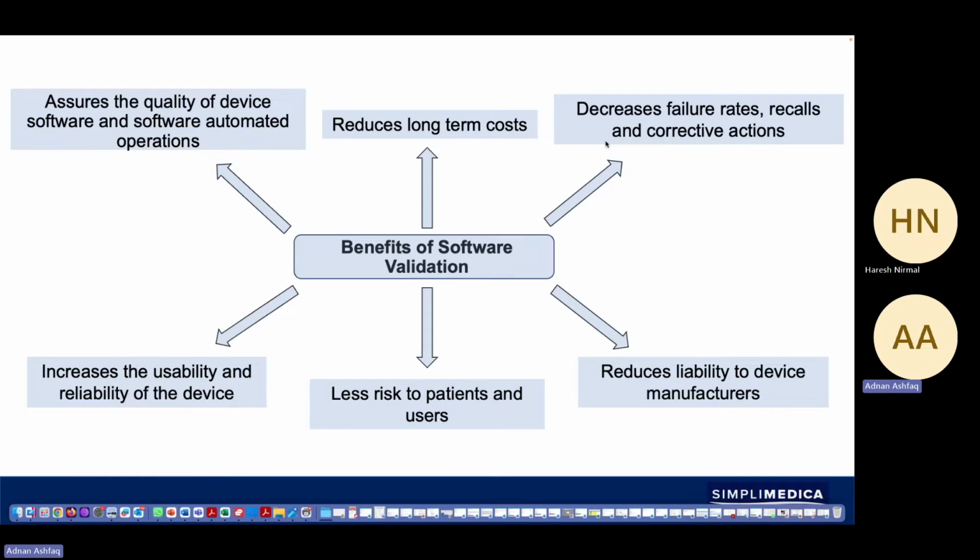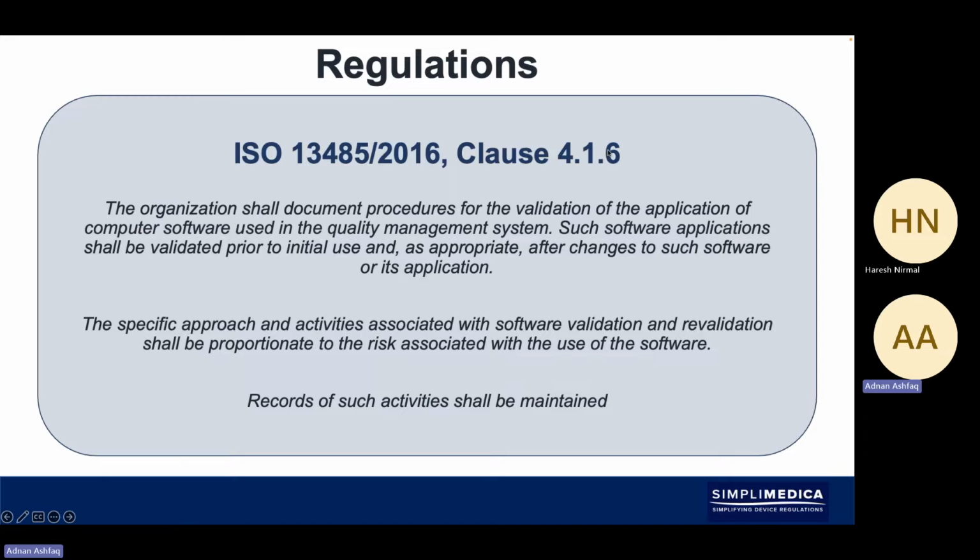The source of this comes largely from ISO 13485. So there are two specific clauses which we'll have a look at. One will be clause 4.1.6, which specifically requires the organization to document procedures for validation of application of computer software used in the quality management system.